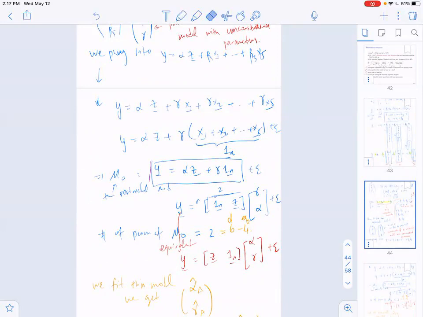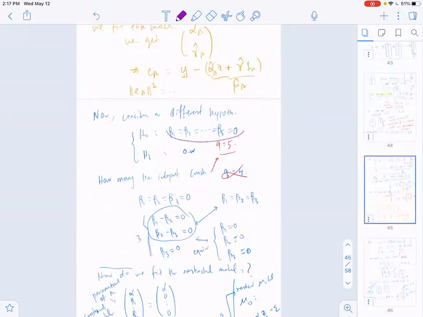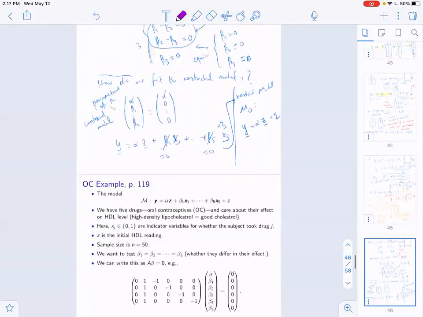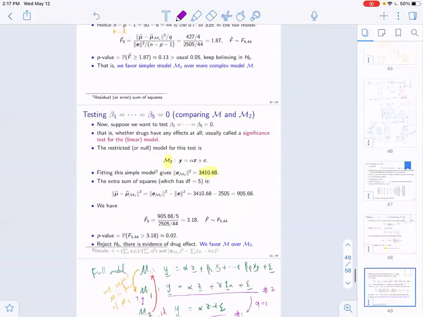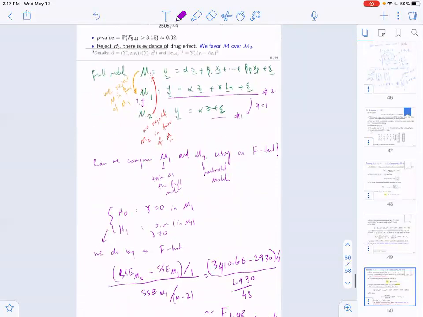We called this model M1, let's say, and then if I want to test whether any of them actually have any effect, I can test whether they are equal to 0. That would be setting all the betas equal to 0. So the regression model just reduces to y equals alpha z plus epsilon. And so we did the tests, and there was this idea that we actually have 3 models.